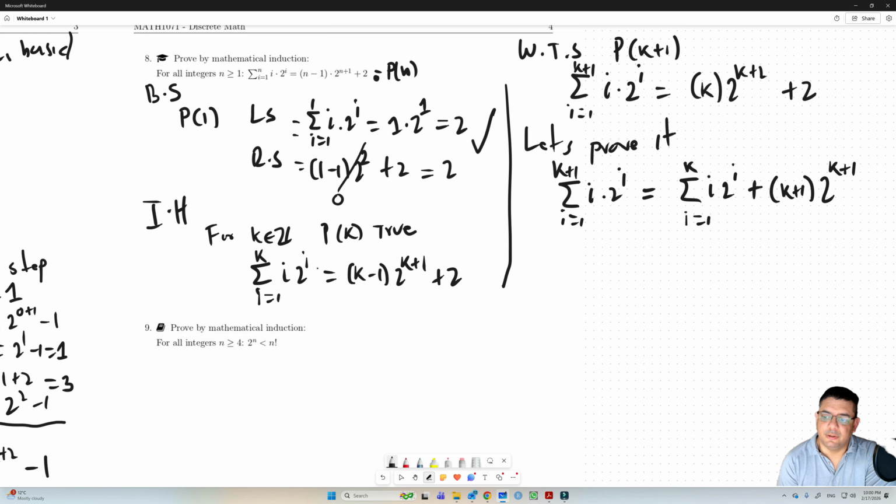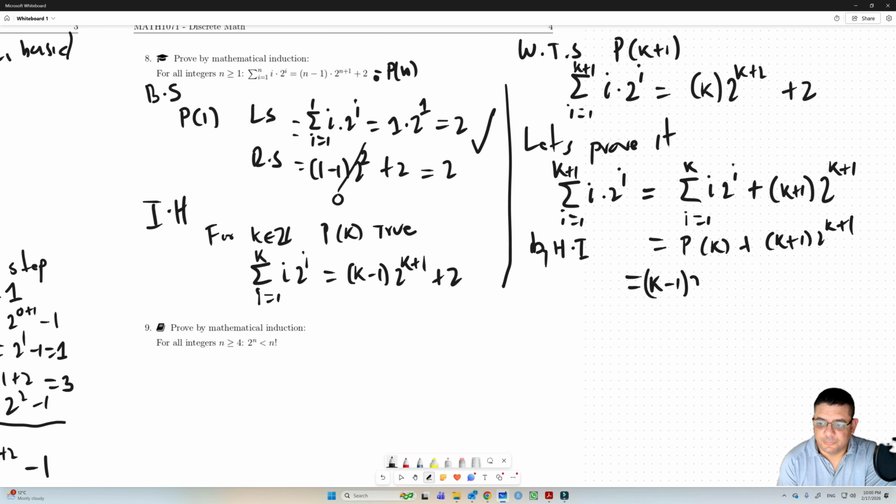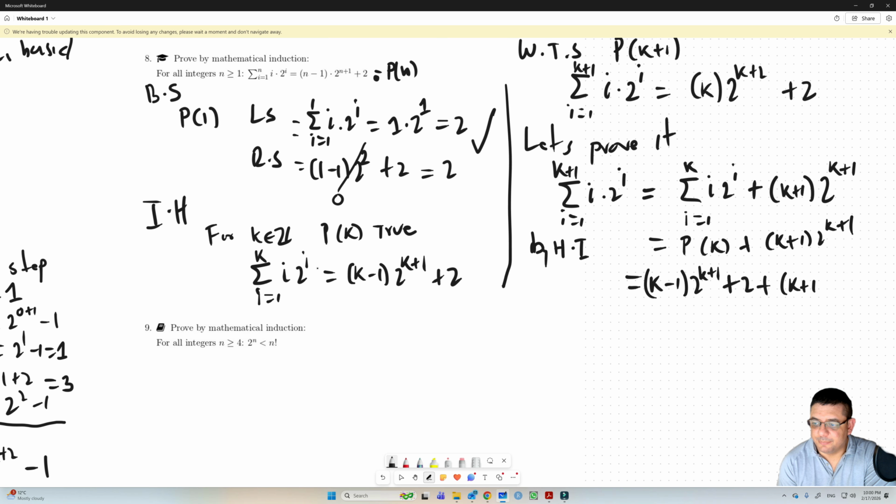Okay, so this is, by hypothesis of induction, equal to P of K plus K plus 1 times 2 to the K plus 1. Then that's going to be equal to K minus 1 times 2 to the K plus 1 plus 2 from P of K, and then plus K plus 1 times 2 to the K plus 1.